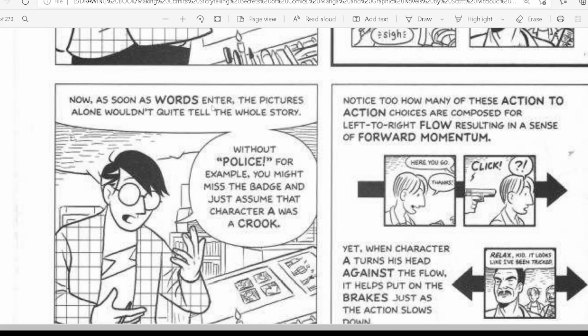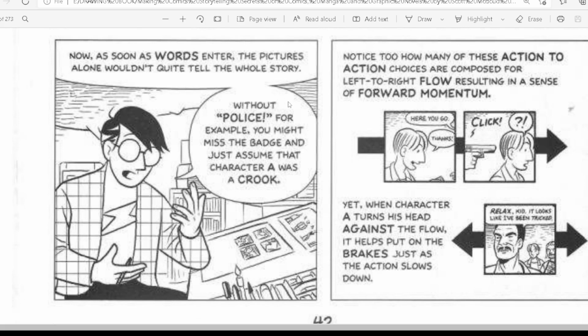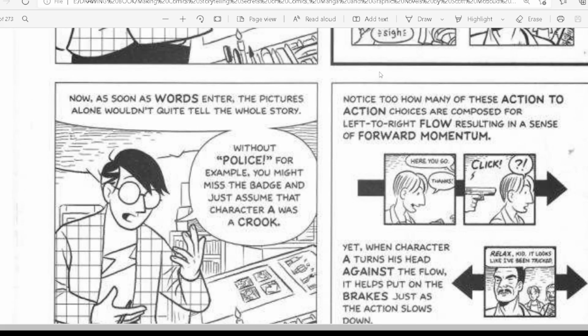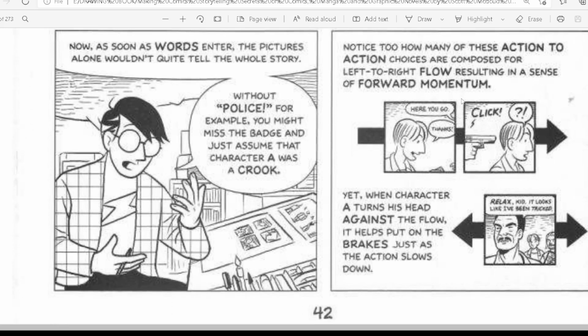Now, as soon as words enter the pictures, the pictures alone wouldn't quite tell the whole story. Without police, for example, you might miss the badge and just assume that character A was a crook. Notice too how many of these action choices are composed for left to right flow, resulting in a sense of forward movement.